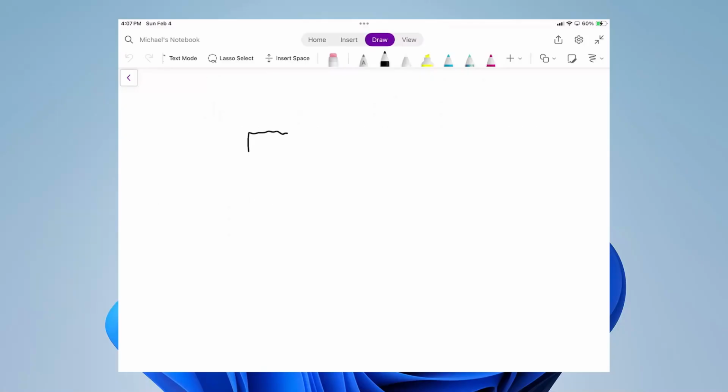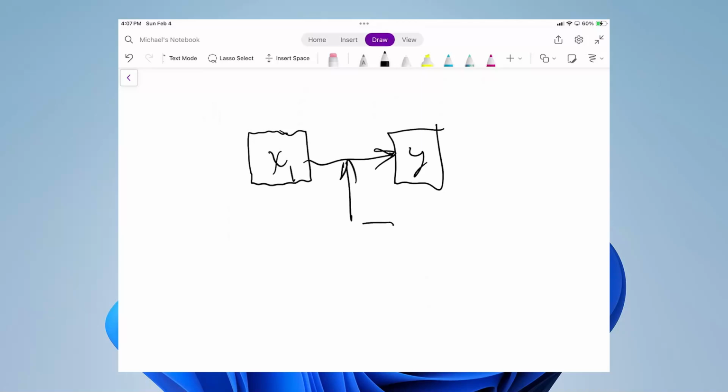When we look at moderation, we're looking at the influence of x1 on y, and we think that there may be another explanatory variable that determines the strength of this relationship, so that if x2 has one value, the relationship between x1 and y is different than if x2 has another value.